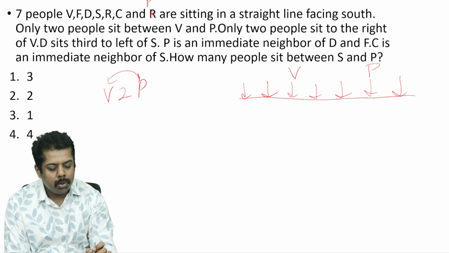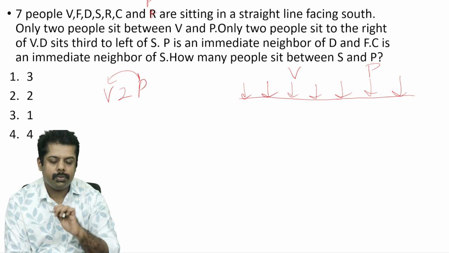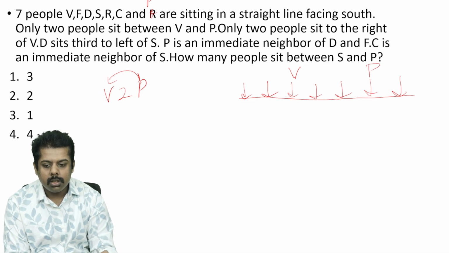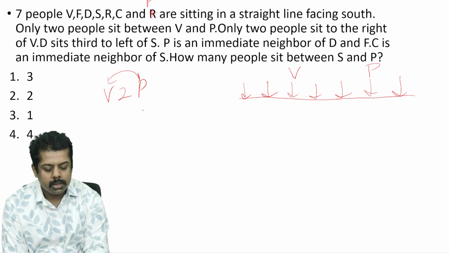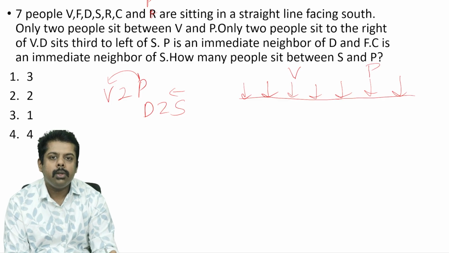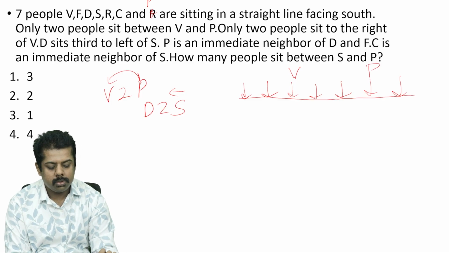Okay. Now moving on to the third point. D sits third to the left of S. So where is D sitting? Third to the left of S. So we can just note it down. If the left faces towards this direction, how many people are between them? Two people are between. So we can note that point down.